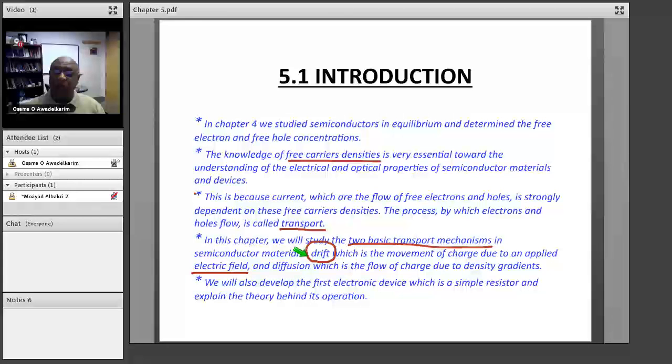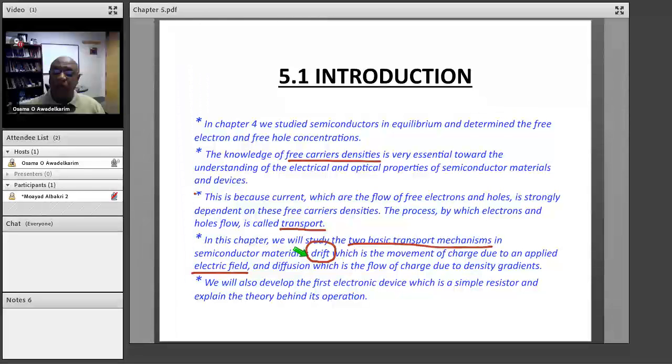The second mechanism for transport, or for the flow of holes and electrons, is due to changes or differences in concentration. If we take a semiconductor and we know that there is a concentration gradient, or differences in concentration between different regions of the semiconductor, then carriers, be they electrons or holes, would move from places with large densities to places with smaller densities.